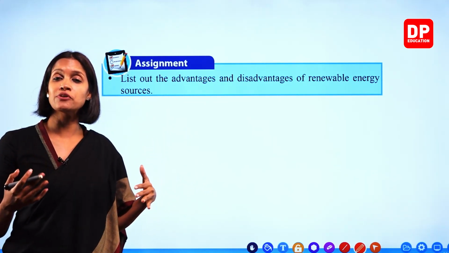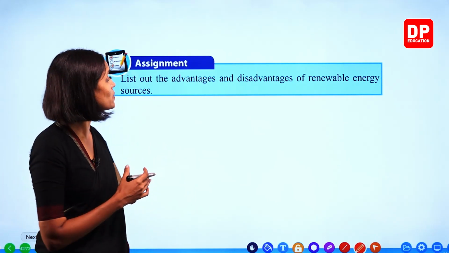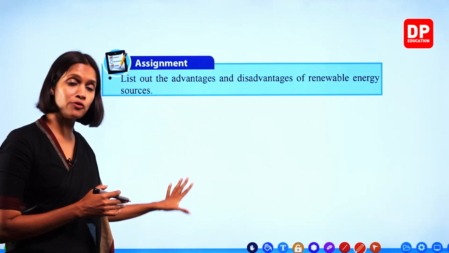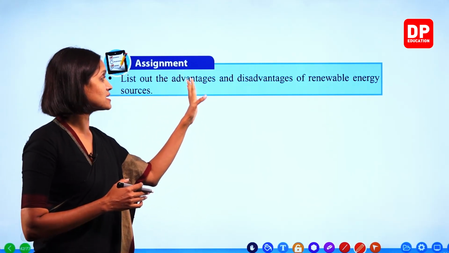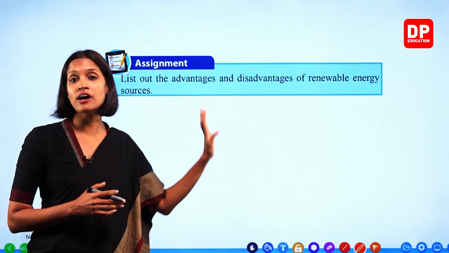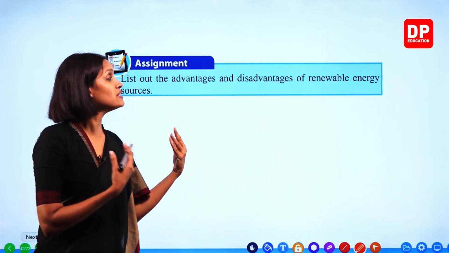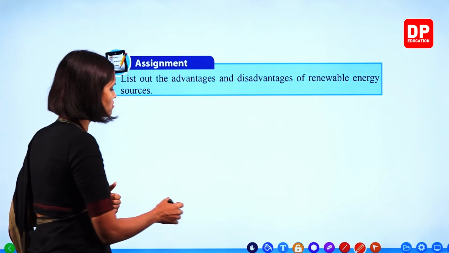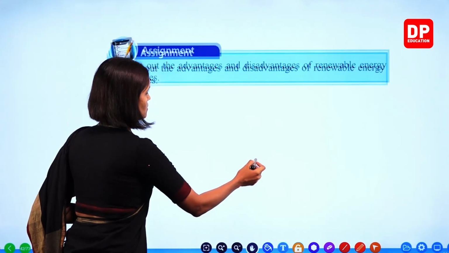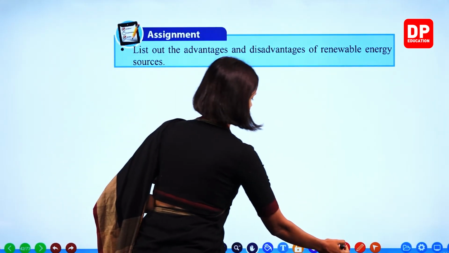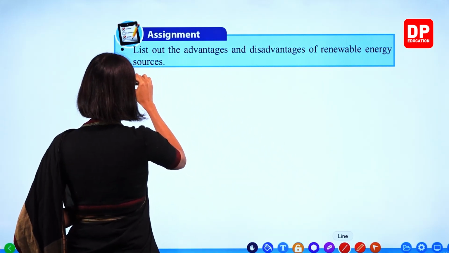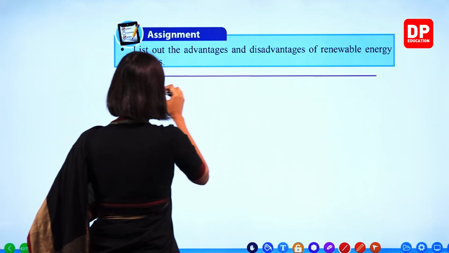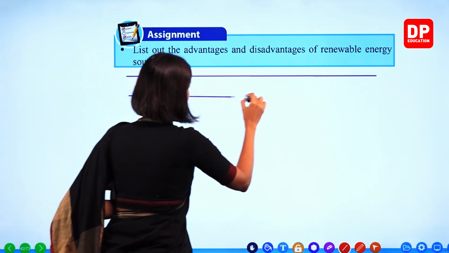As we learned a number of renewable energy sources, you can list them out and write down the advantages and disadvantages of using these types of renewable energy sources. Okay, children? So how to do this? You can do it in different ways. Here I will select to do it as a table. Right? So you can all compare very easily.